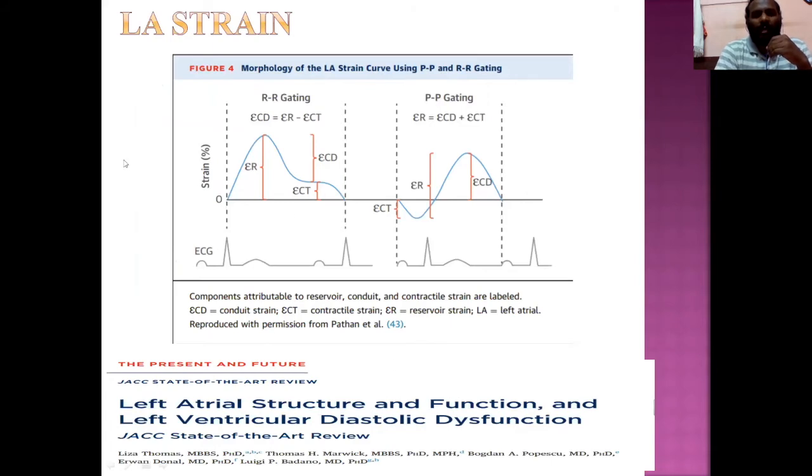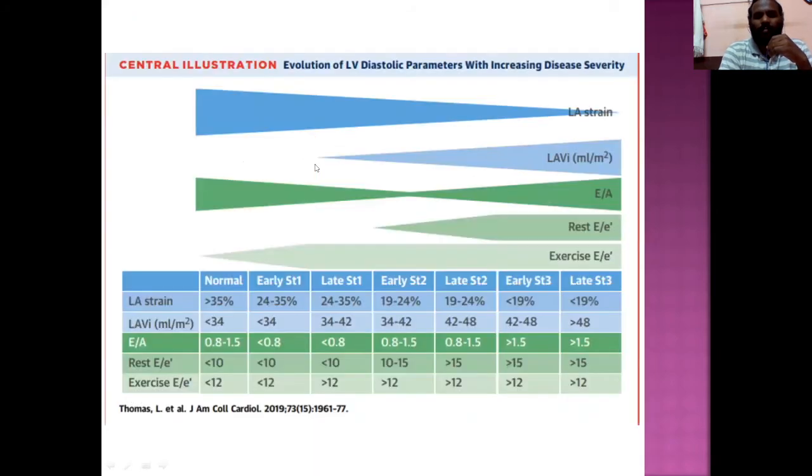One more thing coming up recently is the LA strain pattern. So in case of indeterminate patients where LA pressure cannot be determined, even when assessing the pulmonary vein pulse wave Doppler, we can look at the LA strain. LA has three functions: the reservoir function, the conduit function, and the contractile function. Similarly, there is a reservoir strain, contractile strain, and a conduit strain.